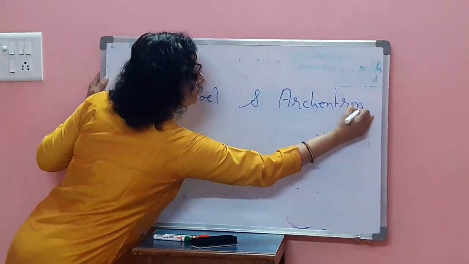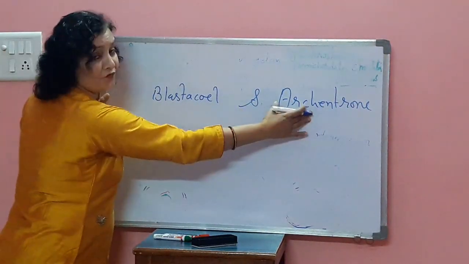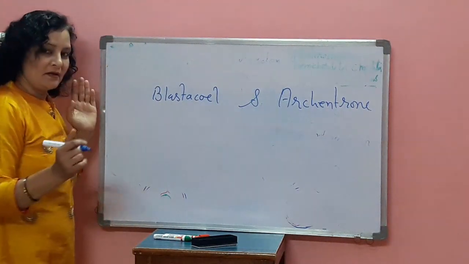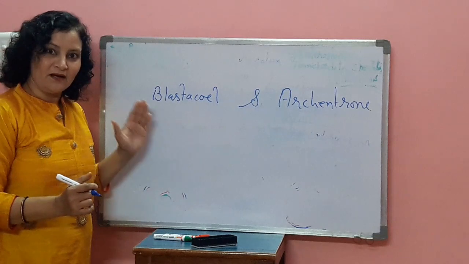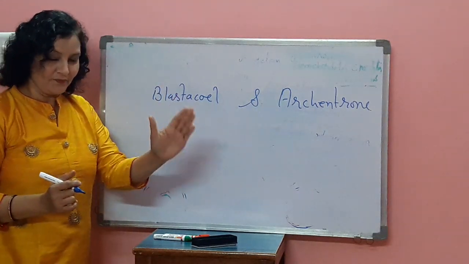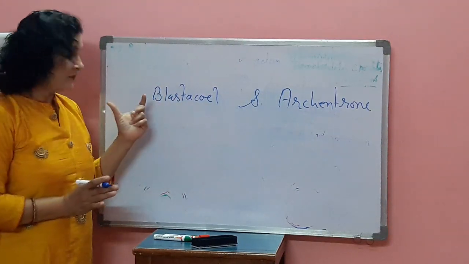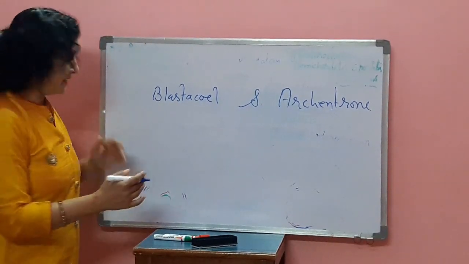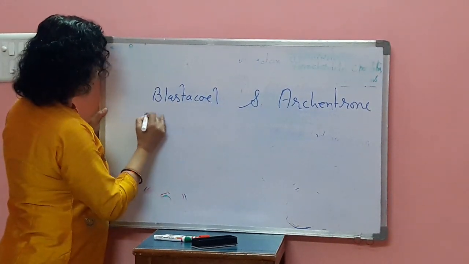Archenteron, they form cavities in the embryonic stage in animals. Acoelomate animals are categorized into the clades from porifera to platyhelminthes. And then the next category, pseudocoelomates.